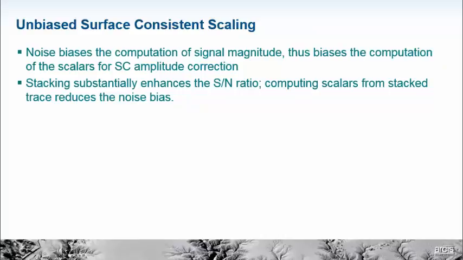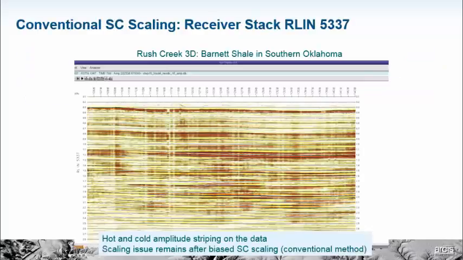So that's what prompted this particular work, where instead of letting noise bias the results of our signal magnitude, we use basically stacking processes, a couple of different methods we have now, in order to beat down the signal-to-noise ratio over the entire frequency range. Just to explain more, this is the type of obvious problems that we noticed in a lot of our data.